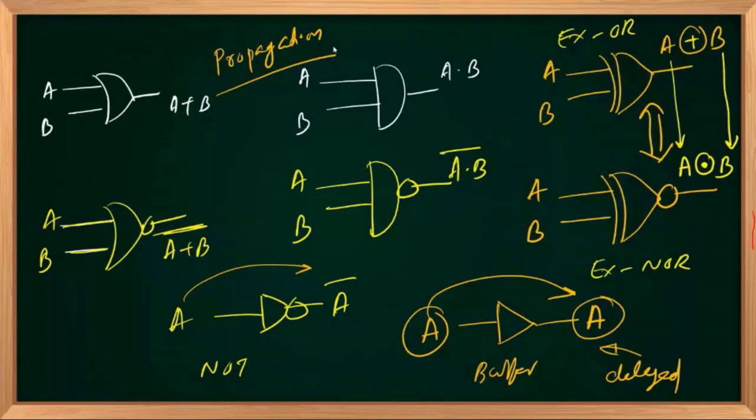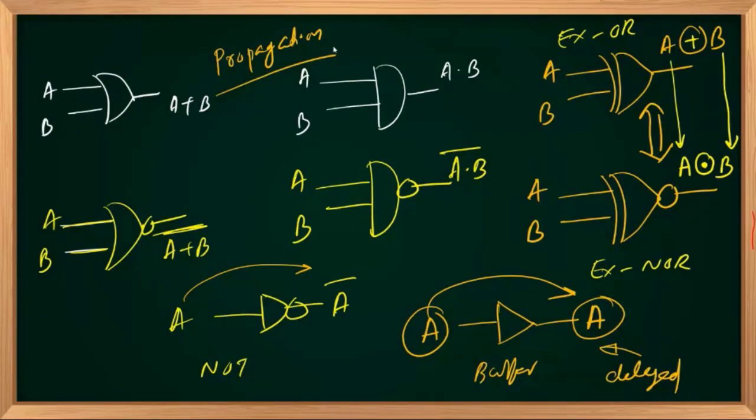Ideally, if all gates are ideal gates, propagation delay will be 0. But in practical cases, there will be an appropriate propagation delay for different logic gates. That propagation delay depends on how we construct the logic gates; the technology behind their construction will decide the propagation delay.